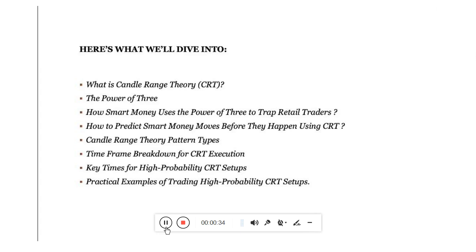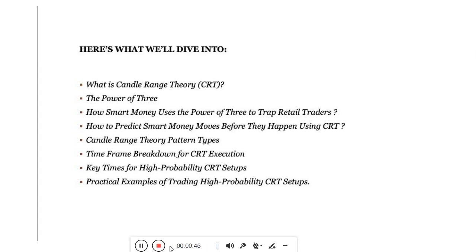The easiest way to use these two concepts is by mastering your CRT pattern. So today I've decided to drop a video on how you can trade the CRT pattern.